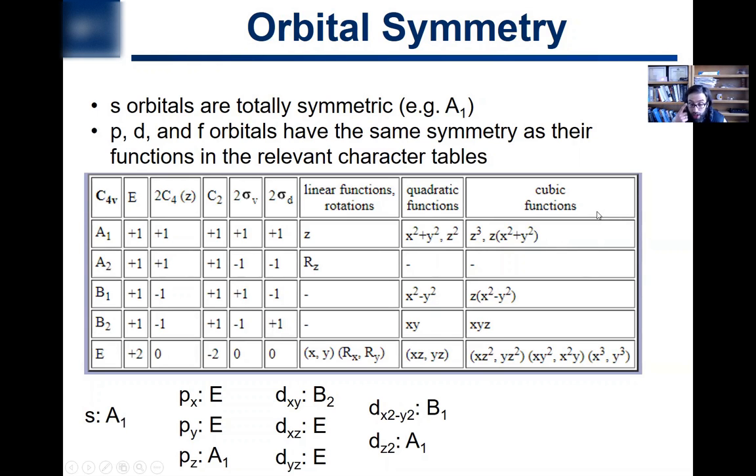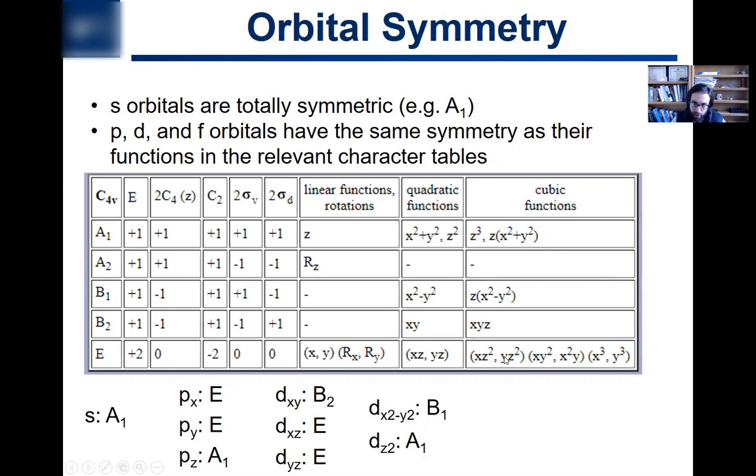Some character tables also show you the cubic functions. By the way, there are ways of deriving what these symmetries are, but we don't have time to go over that in this course, so we're just going to look them up on the character tables. These cubic functions correspond to the f orbitals. If you were curious what the f orbitals looked like or what their symmetries were, here they are.